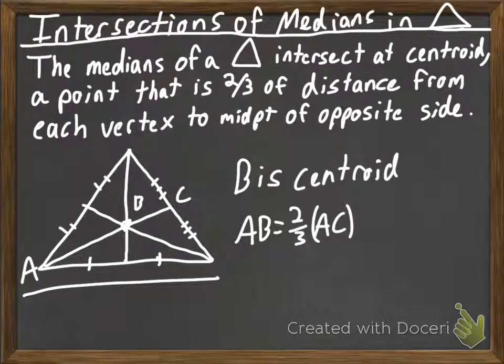Now we know that B is the centroid, and what this theorem says is that the distance from A to B is equal to 2/3 the distance of the entire median AC. So if we want to figure out AB, we have to multiply AC times 2/3. And we can use this formula to manipulate and work around to try to find other lengths in the triangle.